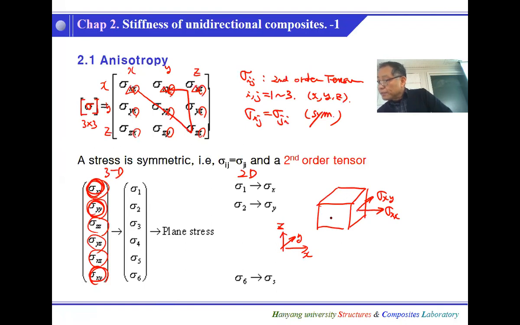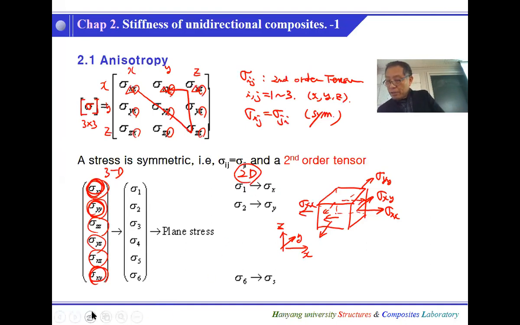And the other hidden surface will have sigma yy, and there will be a shear stress like that. In the opposite direction, there will be a stress like that and stress like that. So there will be sigma yy and sigma xx. So these three components, xx, yy, and xy, are the components in 2D, the xy plane.